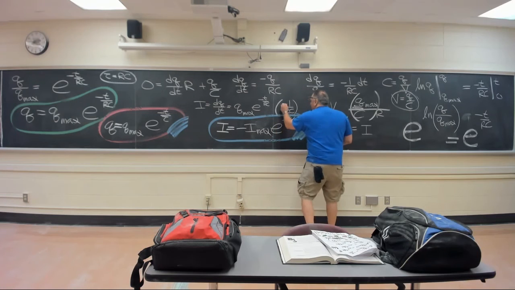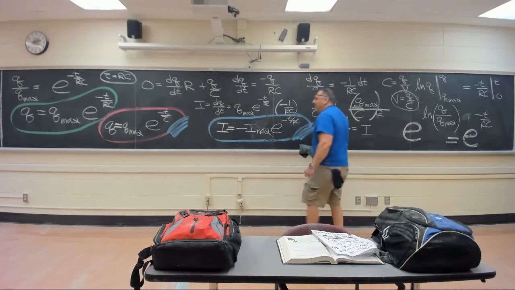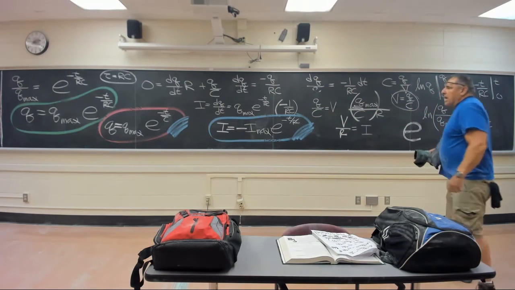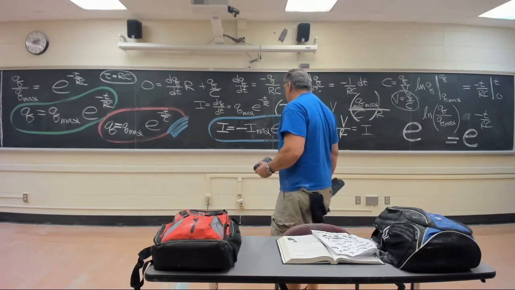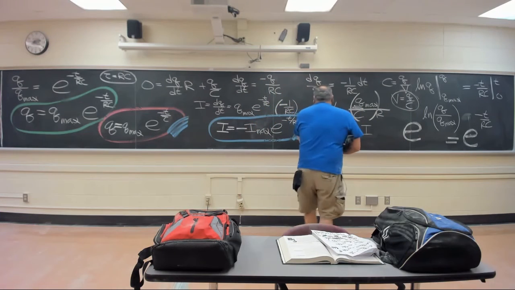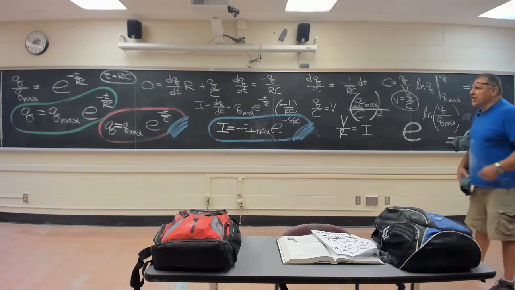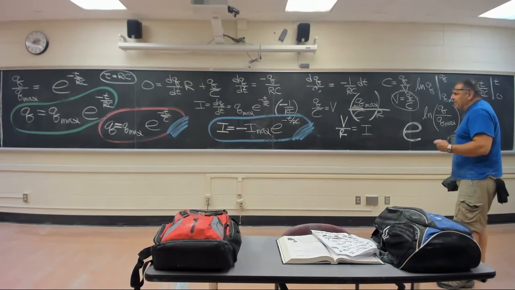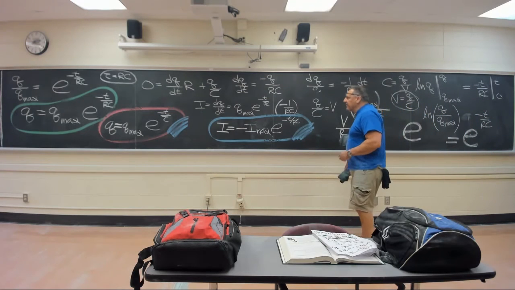Now, we said there was a negative in there. The negative's got to come out in front, throw the negative on there, and you got that. The two scenarios of charging and discharging, they mirror one another in a sense.